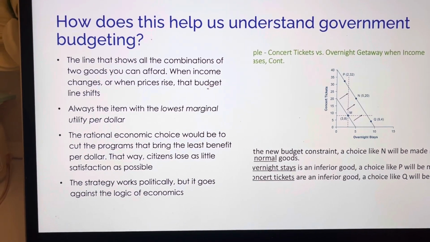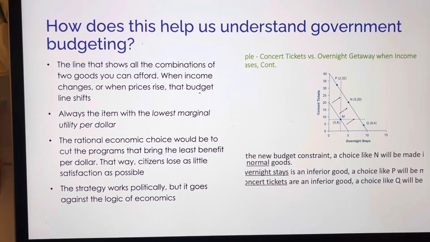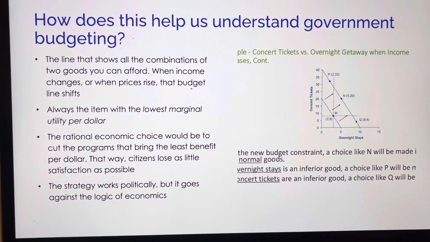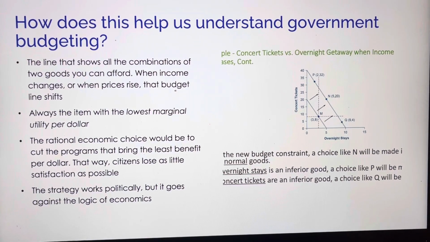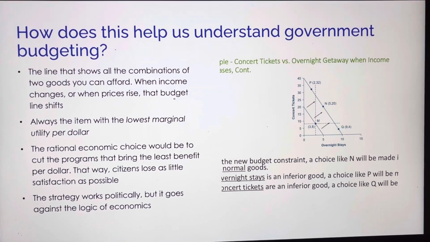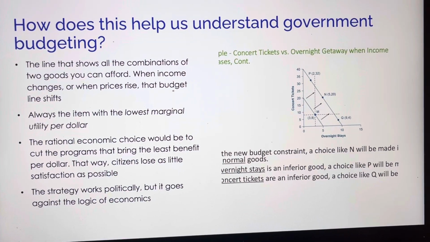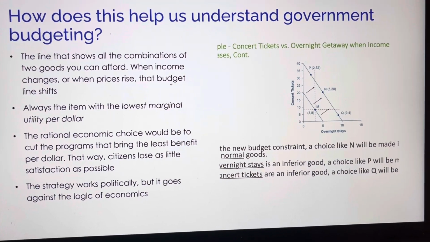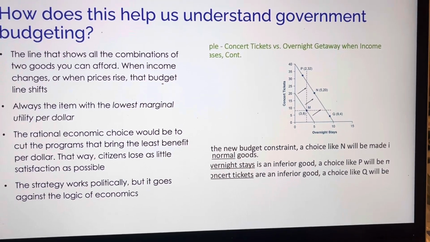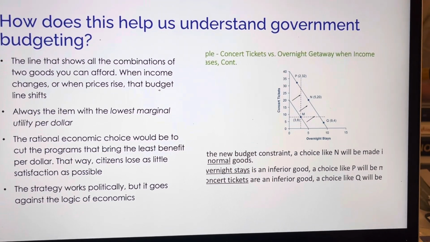When budgets are reduced, economics tells us we should cut items with the lowest marginal utility, the least valuable services. As you saw in the slides, marginal utility is the extra satisfaction from one more unit, and diminishing marginal utility means each unit gives less satisfaction than the last.